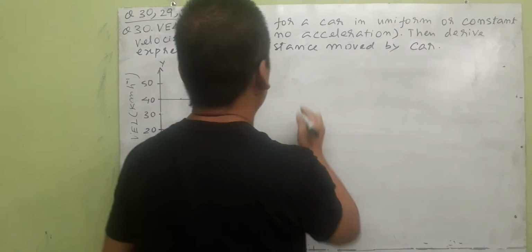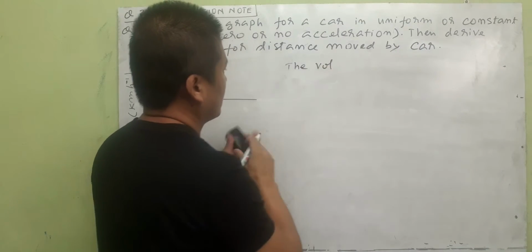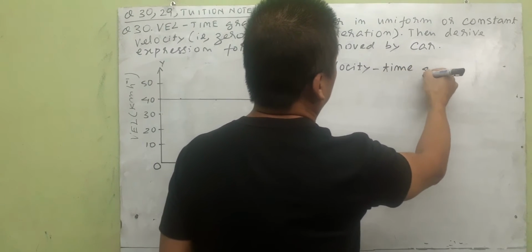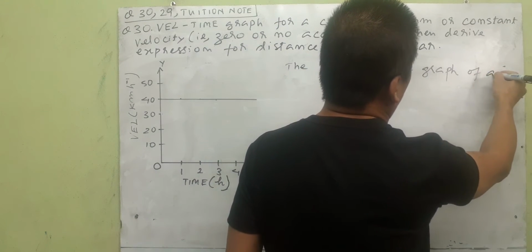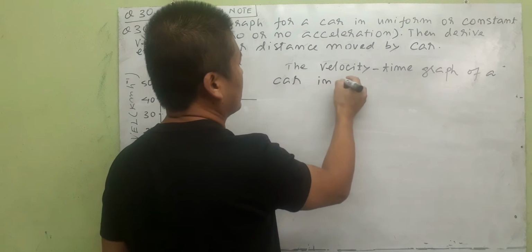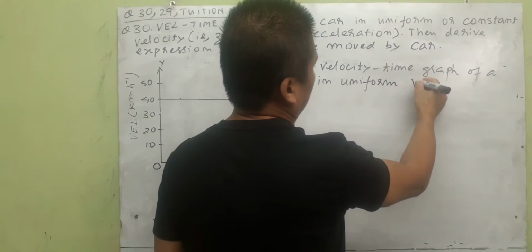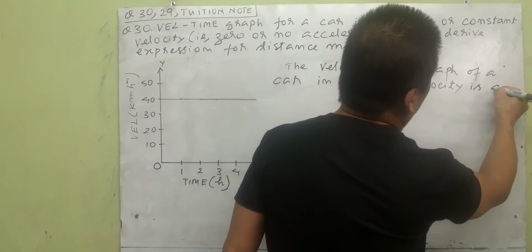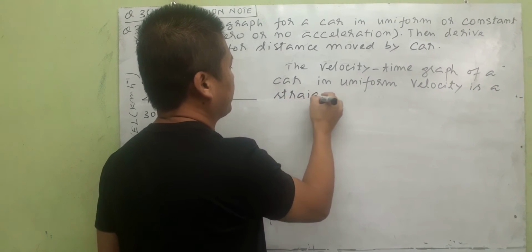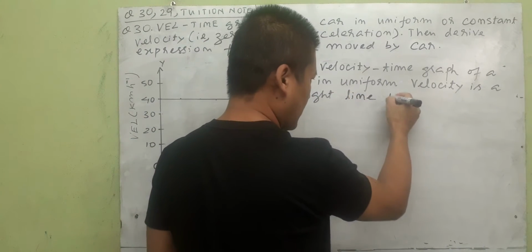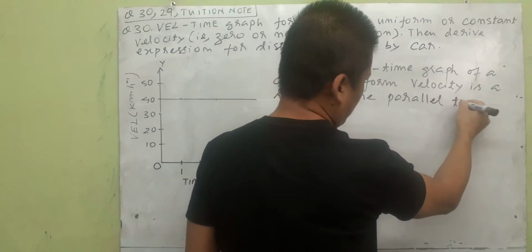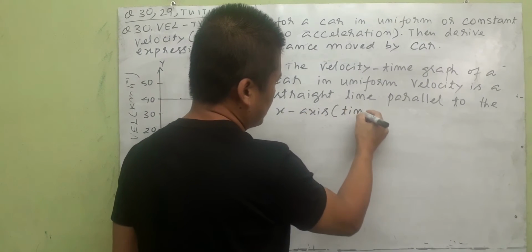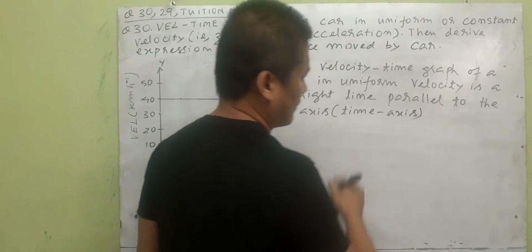So we will write, the velocity time graph of a car or any moving object in uniform or constant velocity is a straight line, as we can see just now, parallel to the x-axis, and the x-axis is, in other words, the time axis, the axis on which we took the time of the journey.